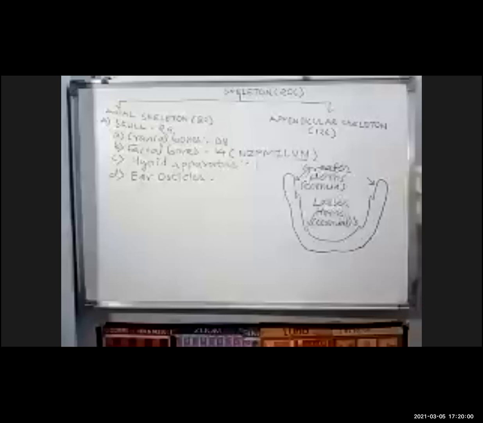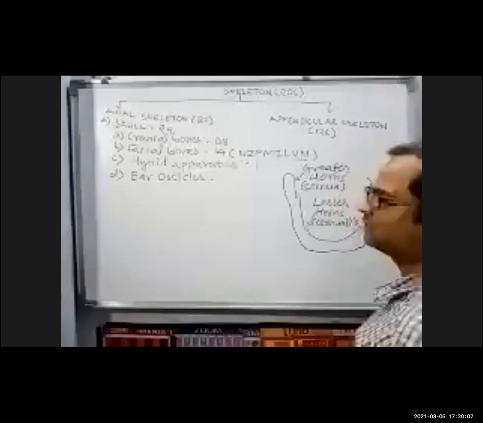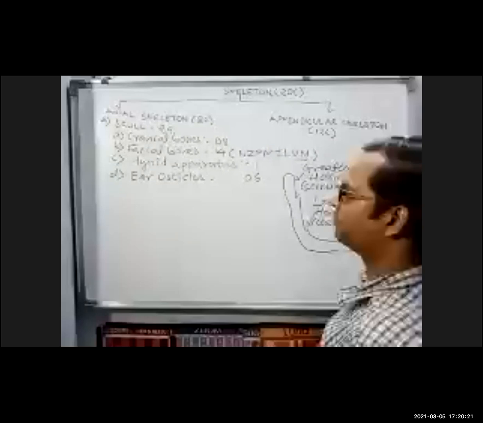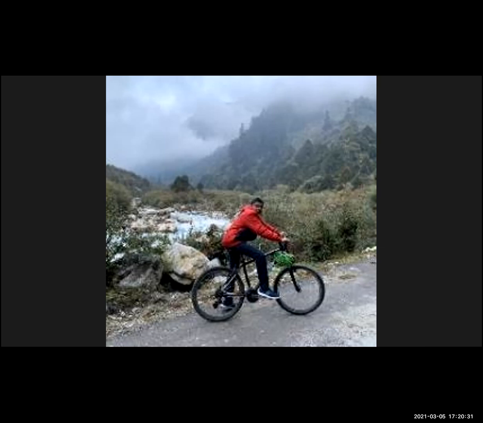So when you talk about ear ossicles, these are the bones present in the cavities of the ears. Total how many bones are there? Remember, how many bones did I tell you? Six. There are 6 bones. Now these 6 bones or ear ossicles are 3 pairs, 3 bones in each ear. They are called malleus, incus, and stapes.